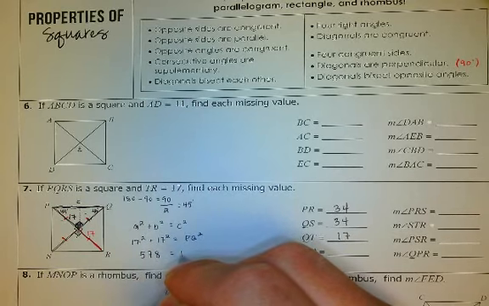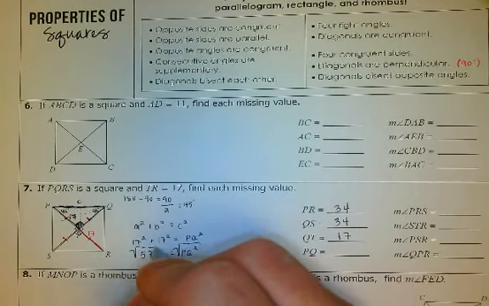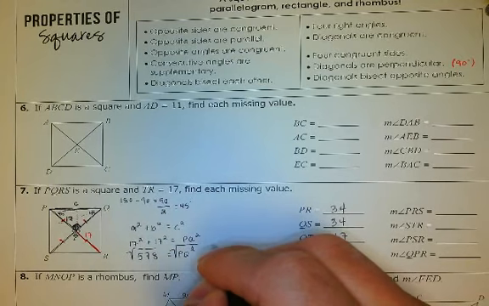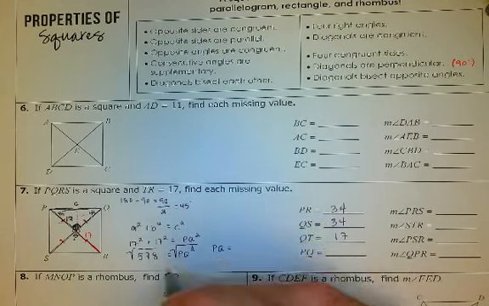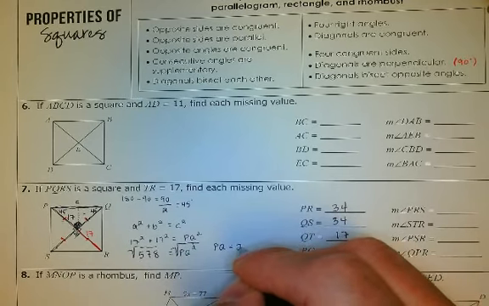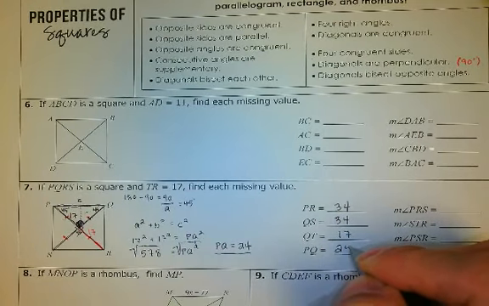That's equal to PQ squared. Now you take the square root on both sides. That cancels these out. And what we're left with is PQ equals 24. Boom.